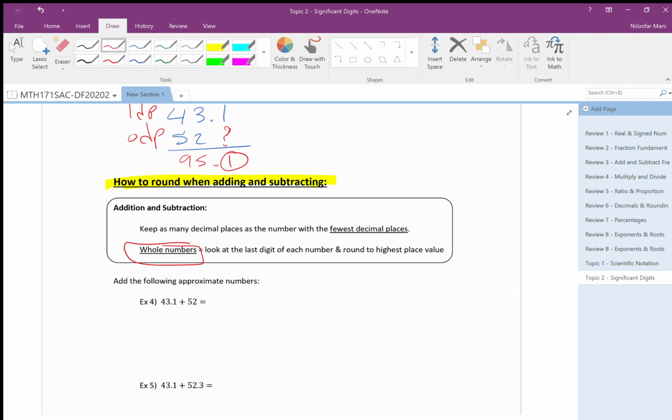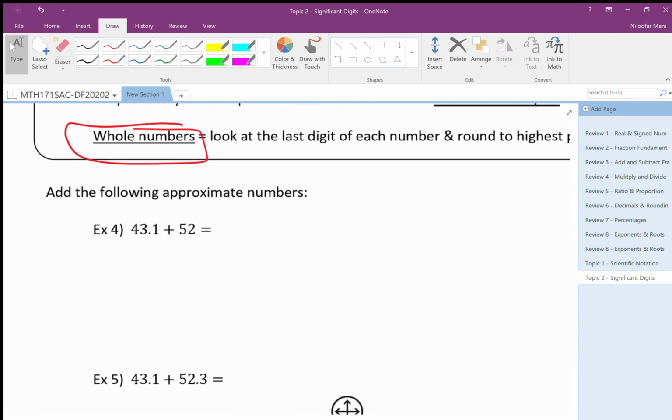This means rounding appropriately. It means you accept this number is approximate, this number is approximate as well, and then you round appropriately. Addition and subtraction have the same rule.